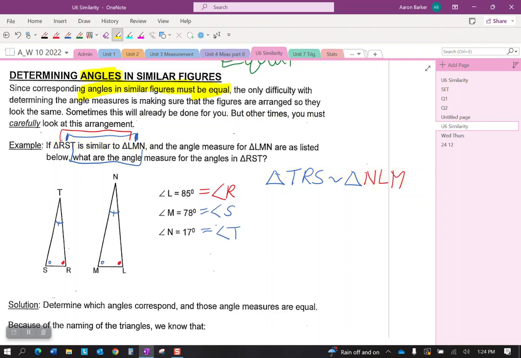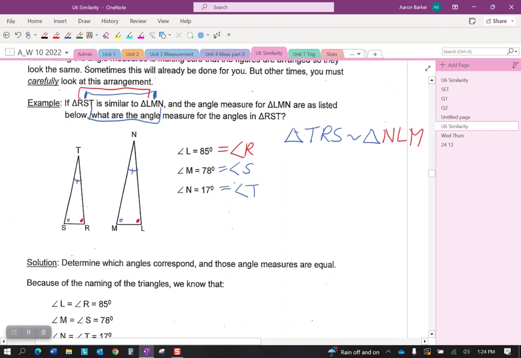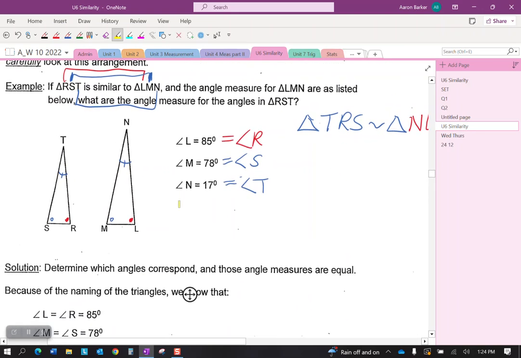Now, if I want to set up the ratios, I have to look at the angles to help me do that. Which shape do you want on the top, left or the right? Left. When you're doing this, you want to actually write down which shape is on the top and which shape is on the bottom. Triangles have 3 sides, so I should have 3 fractions.